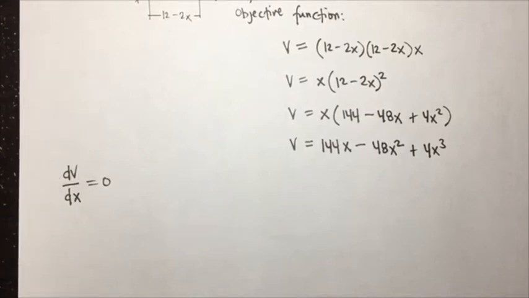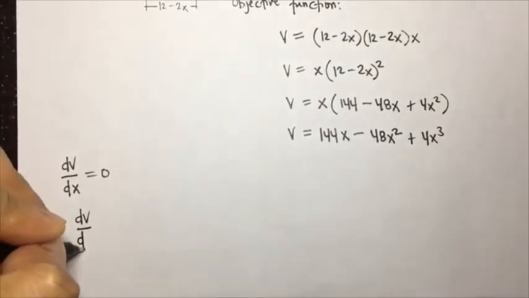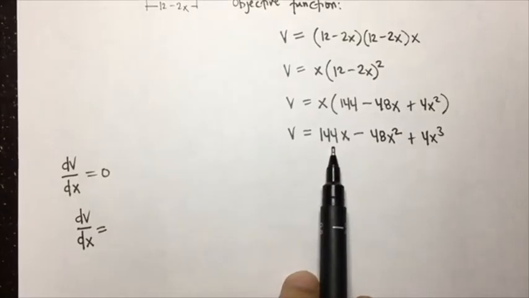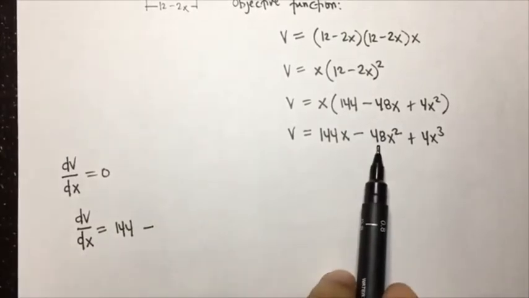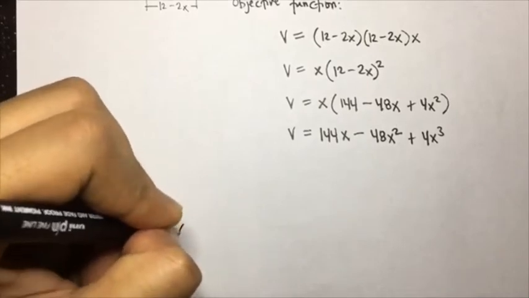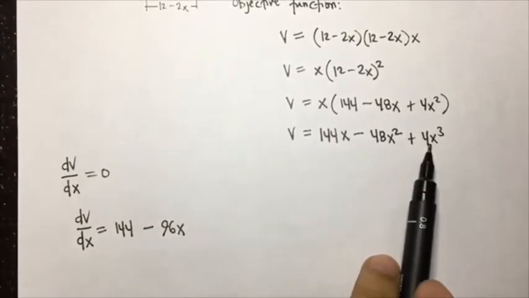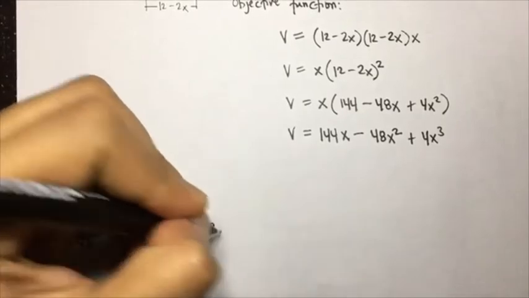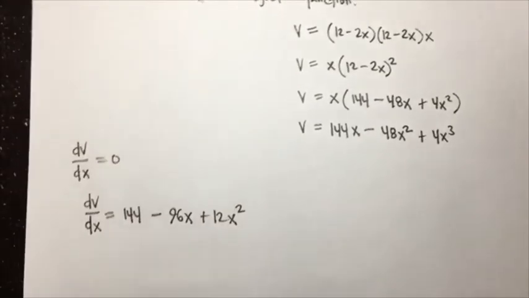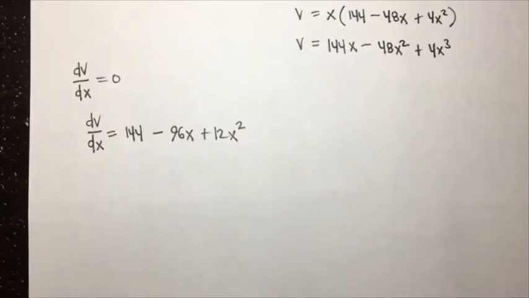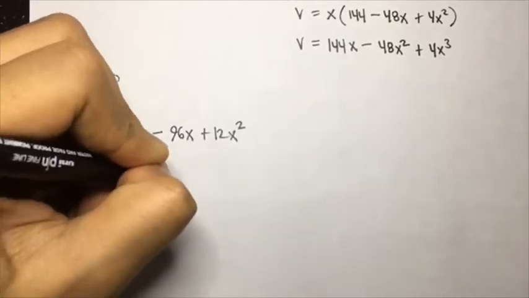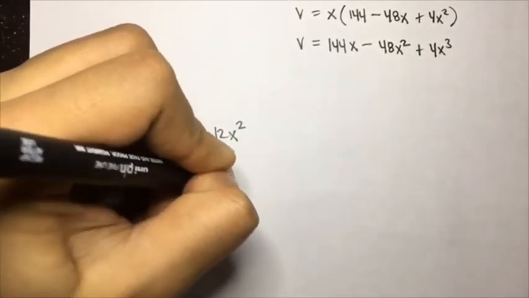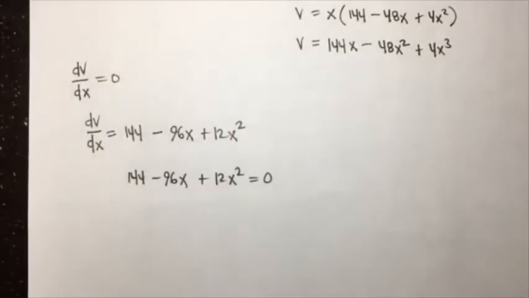Set the first derivative to 0. dV over dx is equal to 144 minus 48 times 2, that's 96x, plus 4 times 3, so plus 12x squared. Then equate that to 0: 144 minus 96x plus 12x squared is equal to 0.